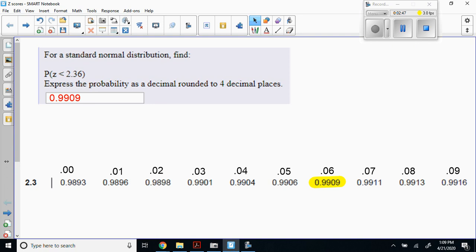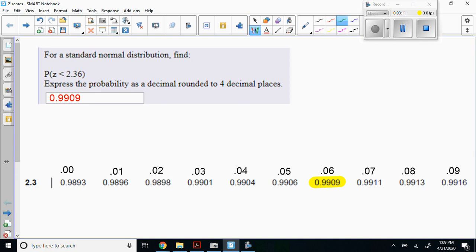So on this one, it said 2.36. So this would be 2.36, so it would be 0.9909, right? That's the probability given the situation that we're looking at. Rounded to 4 decimal places, it's already a 4, right? So, any questions on this one? This was problem number one.